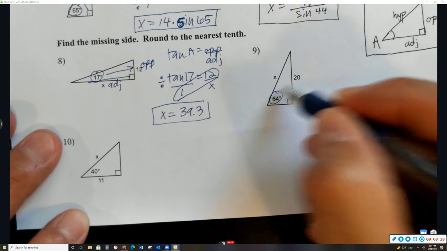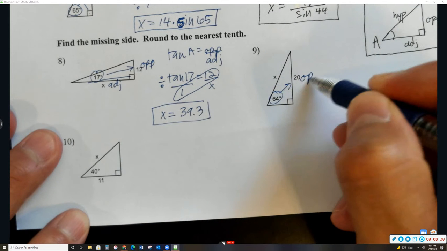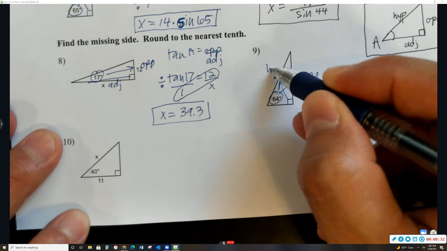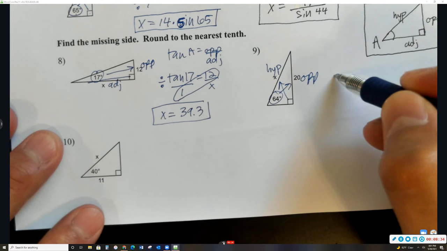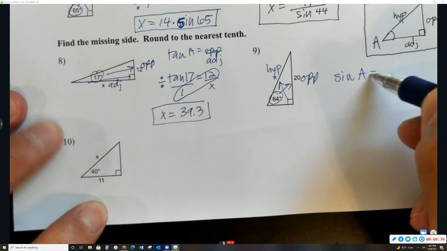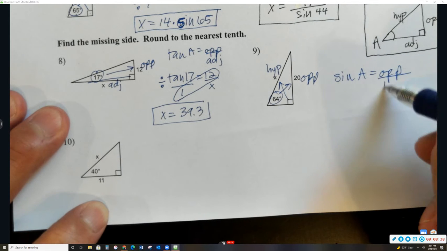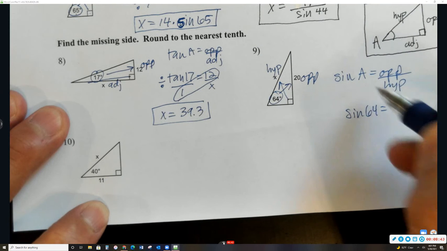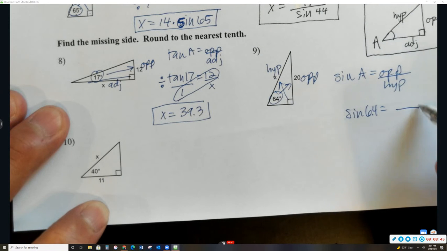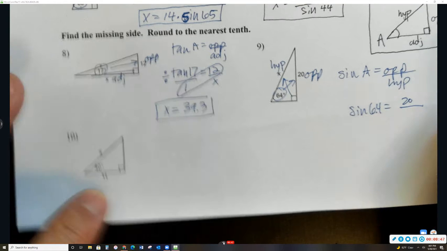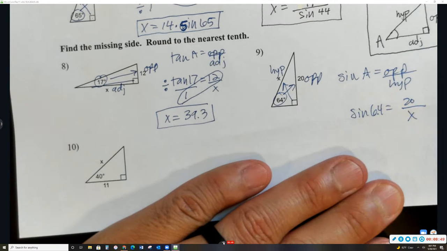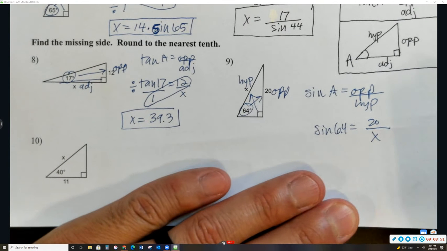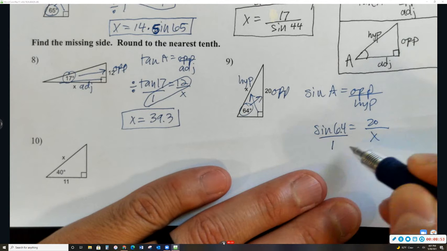Same thing here. Here's the angle. That side's opposite. This is the hypotenuse. If you look at the ratios, sine is opposite over hypotenuse. So sine of 64, because that's the angle. The opposite side is 20. The hypotenuse is x. Let me scoot that over. Put a 1 under it.